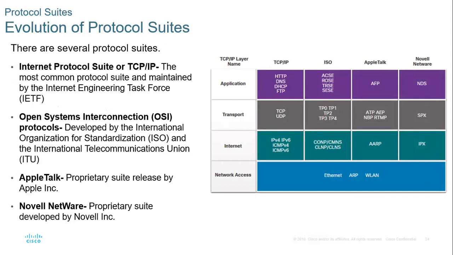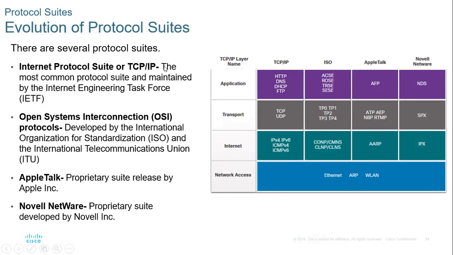Evolution of protocol suites. There are several protocol suites like TCP/IP, the Internet Protocol Suite, OSI, Open Systems Interconnection protocols, AppleTalk, and Novell NetWare. These are the commonly used protocol suites.